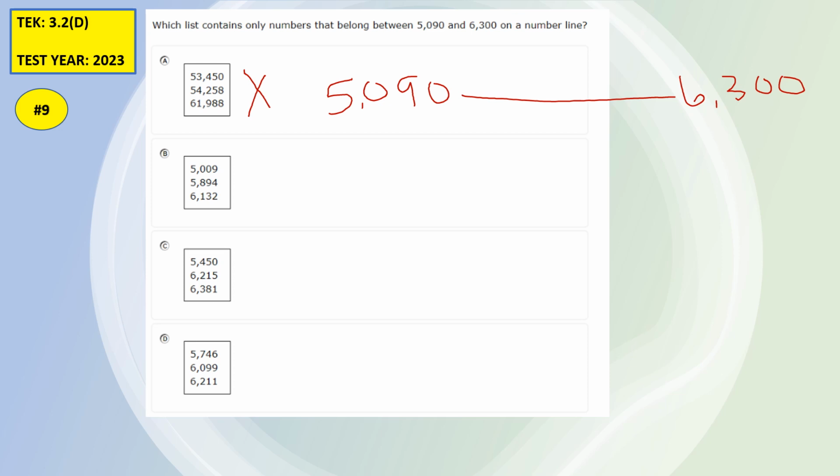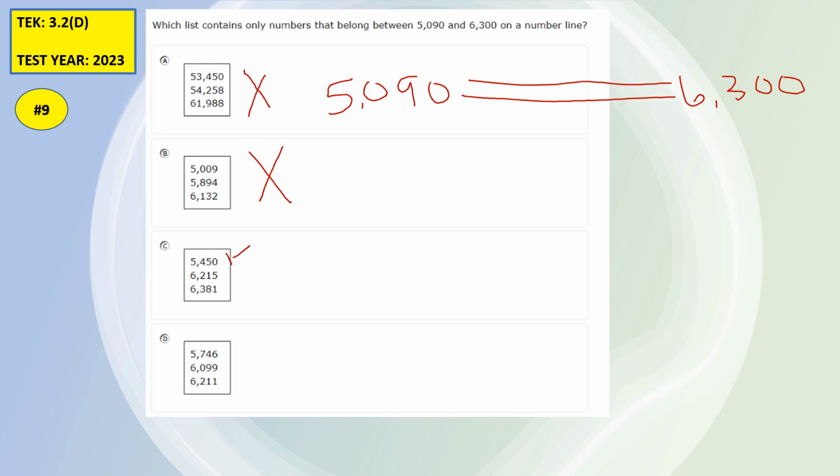Let's go on and look at answer choice B. Well, the first number in that list is 5,009, and that number would be before 5,090. So that list is not going to work either. Every number in the list would have to be between 5,090 and 6,300. Now let's look at list C. The first number is 5,450. Well, that works.